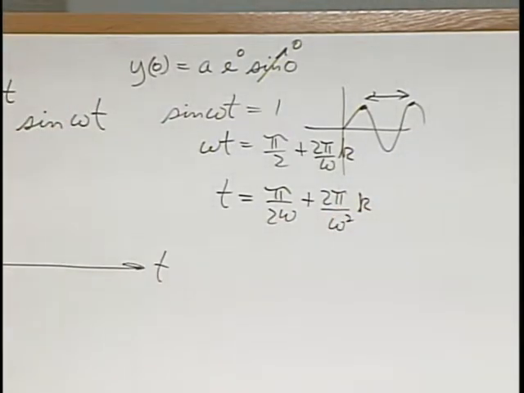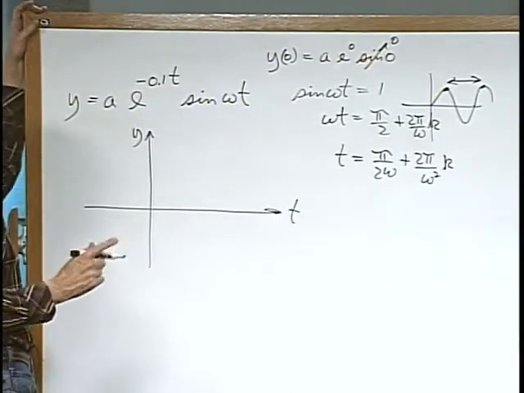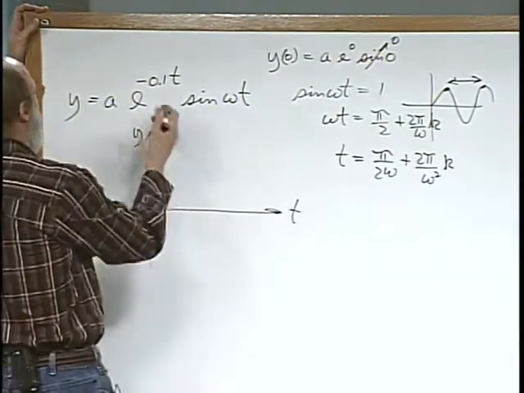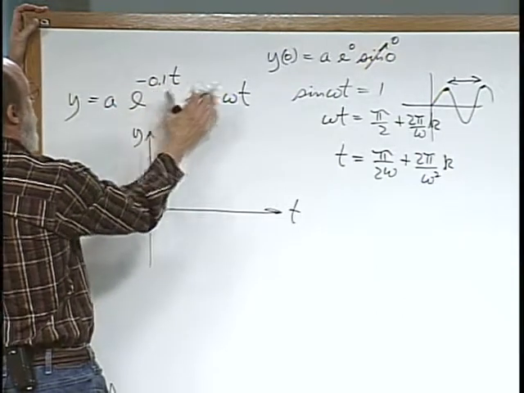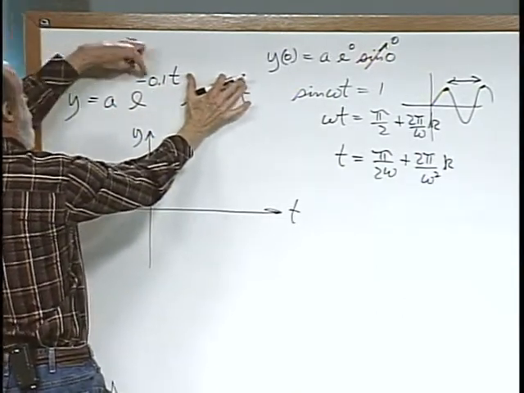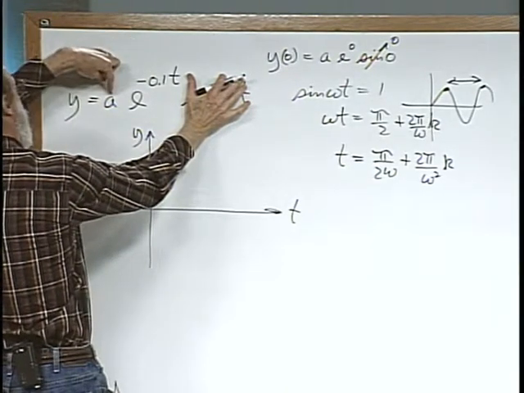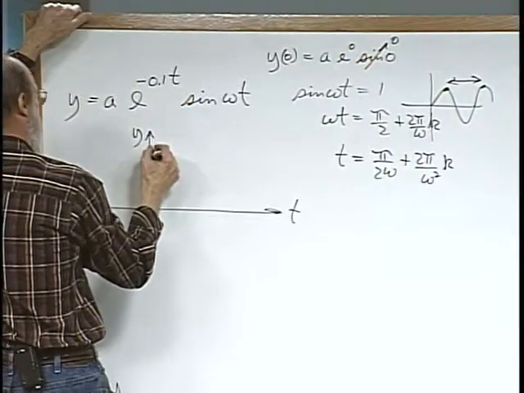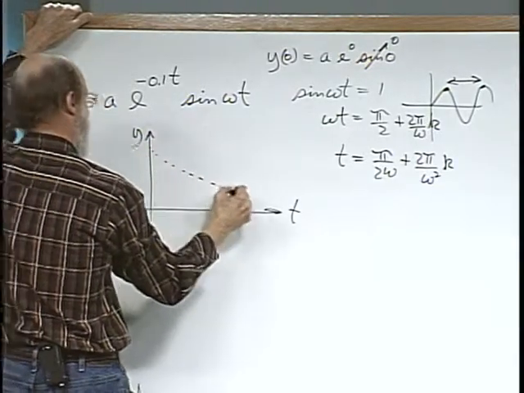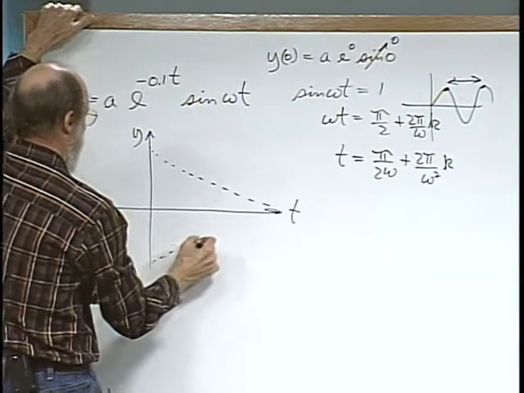Now what I want to do is to see what happens when we multiply that by this exponential. If I drew this exponential without the sine wave in here, it would be a decay exponential because of the negative exponent, and it would be coming down from an initial value of a. So it's going to be something like this, and the negative of it would be down here, looking like that.